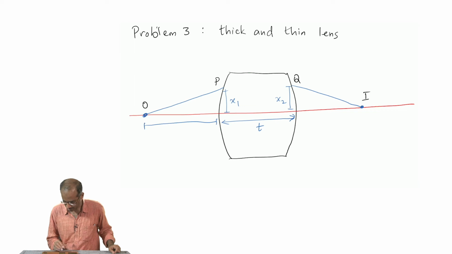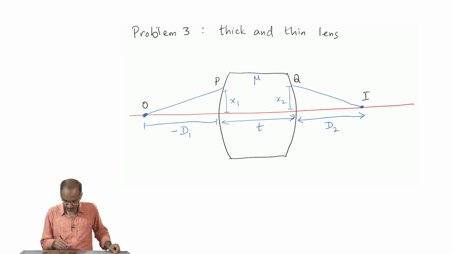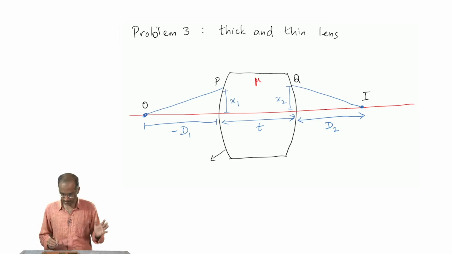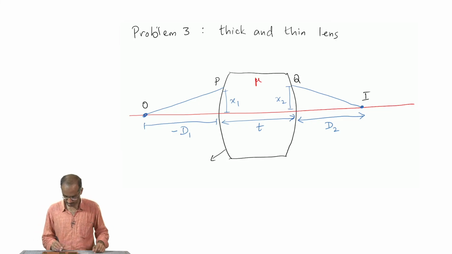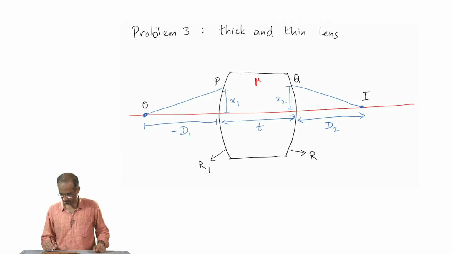So, this will be the distance d1, and of course, I need to put a minus sign here, and this distance is d2. The refractive index of the material is mu, and the radius of curvature of the left surface is r1, and the radius of curvature of the right surface is r2.